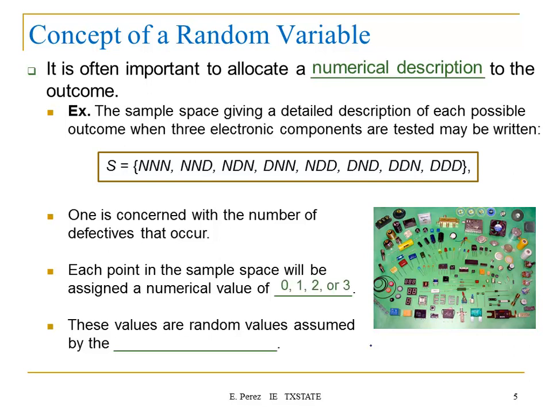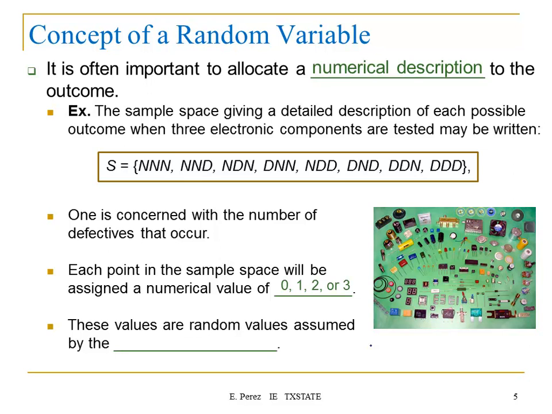So each point in the sample space will be assigned a numerical value. If you're counting the number of defectives every time you get a sample, then you can assign a number to each outcome in your sample space.